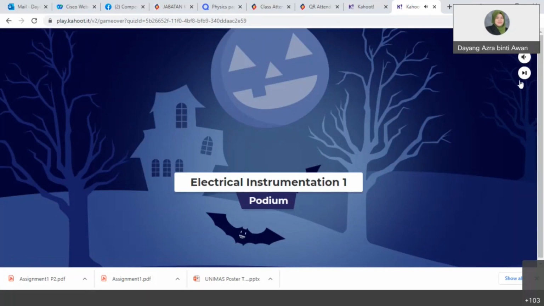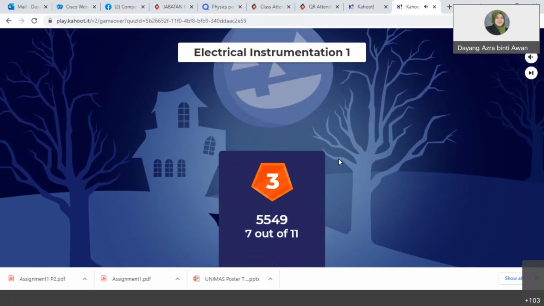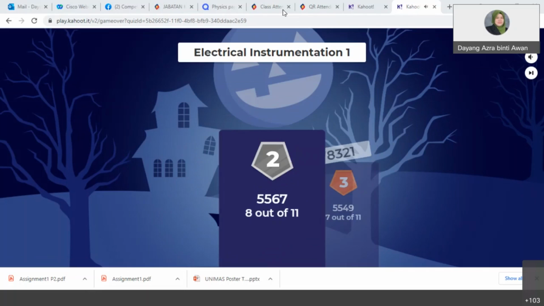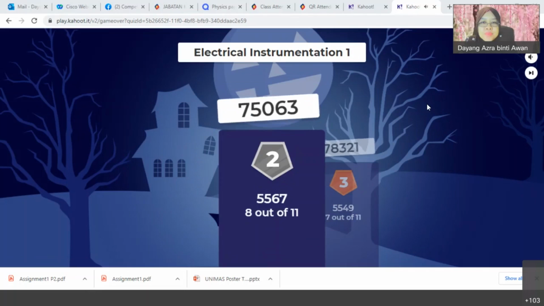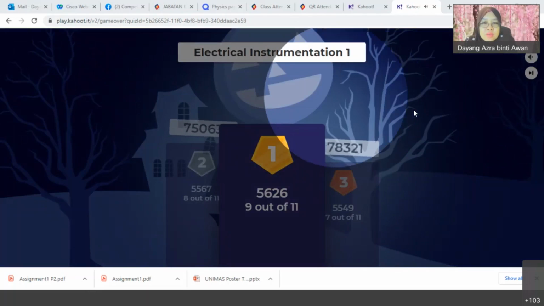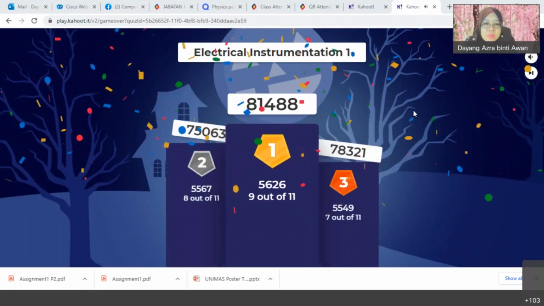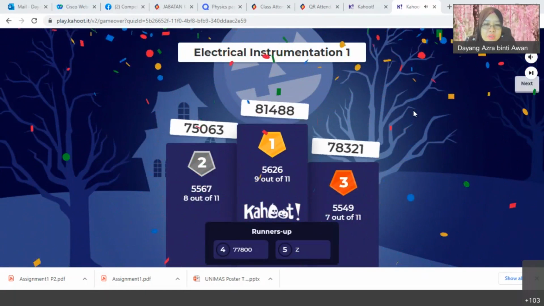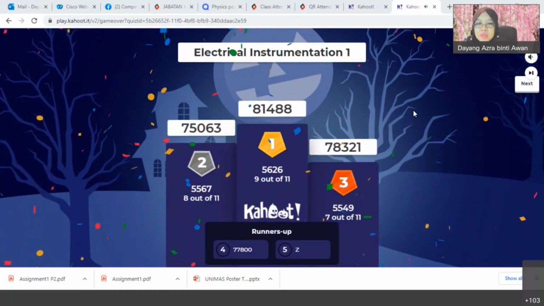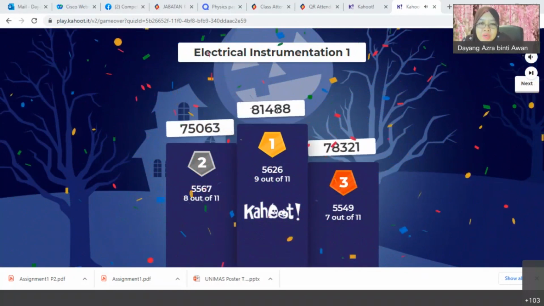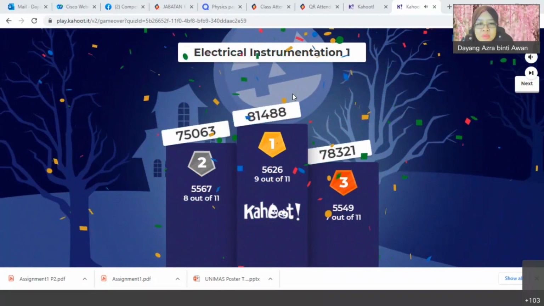Okay, so that's all. So you can see this is all the marks. So the winner is 5626, the highest marker. Okay, so we have 81488.